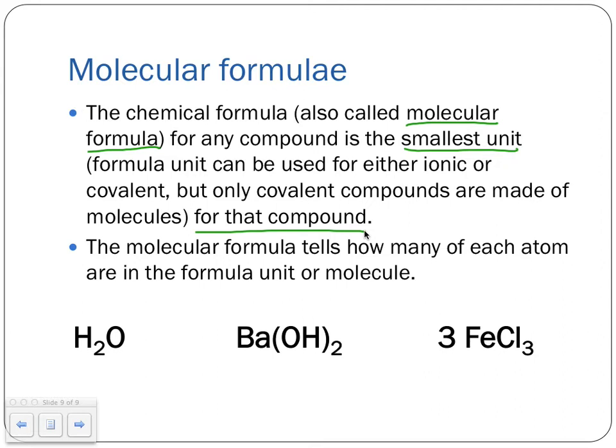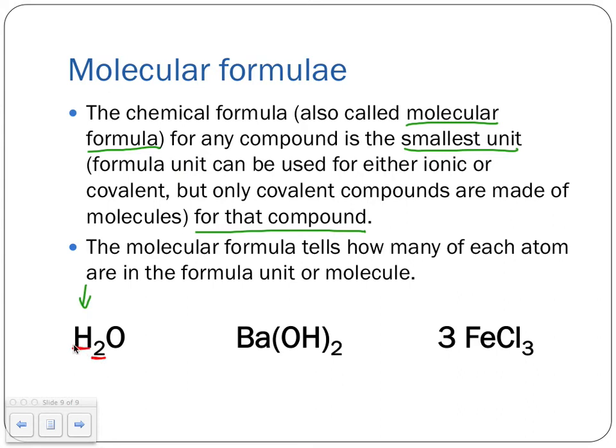So let's take, say, H2O down here. H2O is a molecule because these are covalently bonded. We have no way yet to tell whether a compound is covalent or ionic, but we treat them the same way as far as figuring out how many atoms are in each one. The way this works, and this is something you see in other classes, is that the 2 right down here is a subscript, which tells how many of the previous element there are.